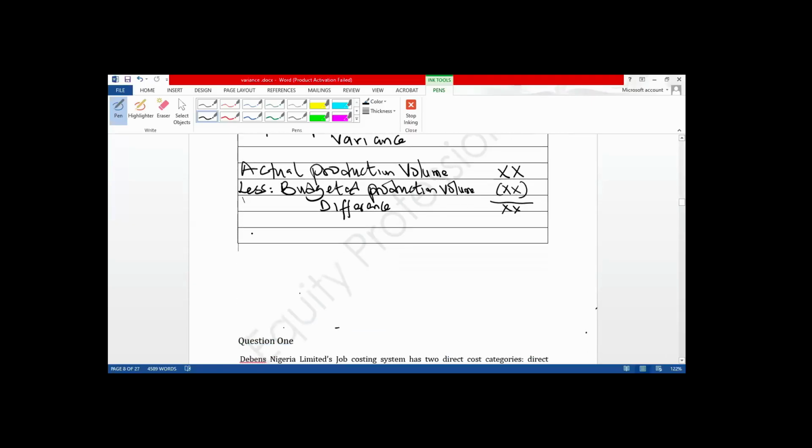Then multiply the difference by fixed overhead absorption rates per unit. If you multiply these two, you are going to get a figure here now. This is your final answer.